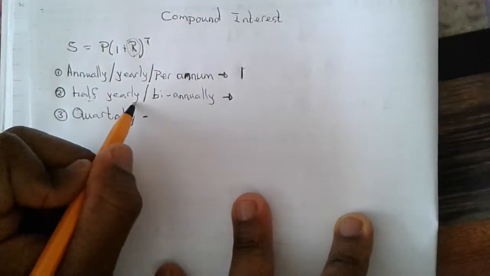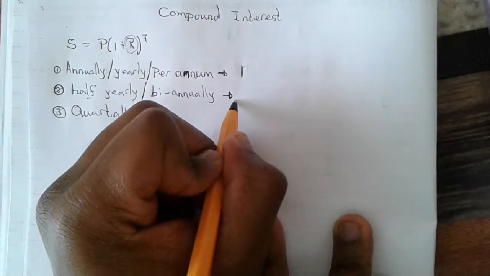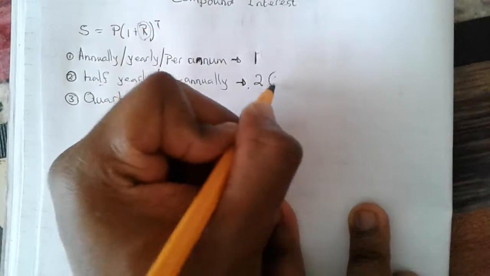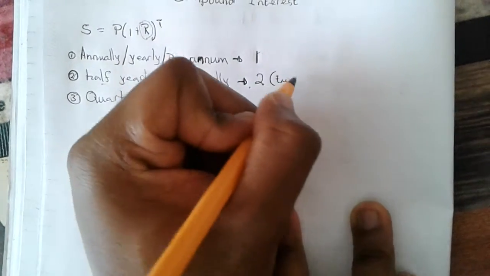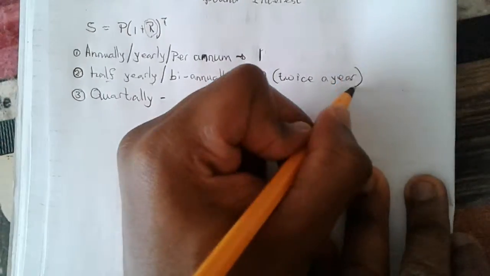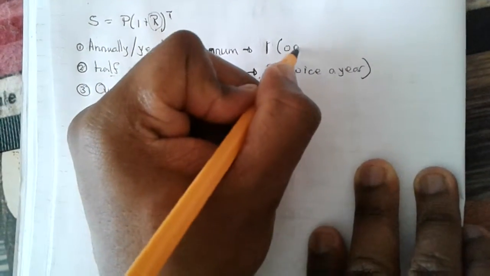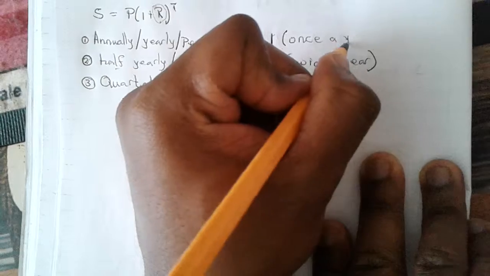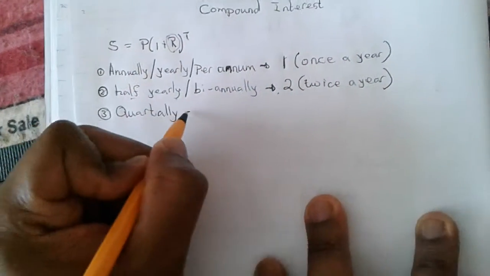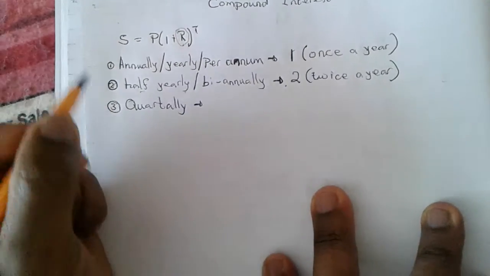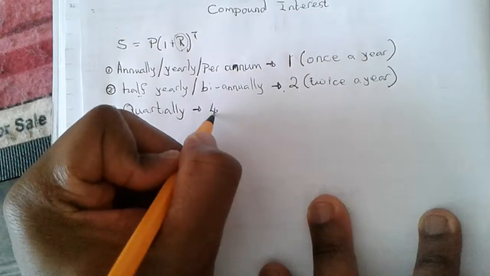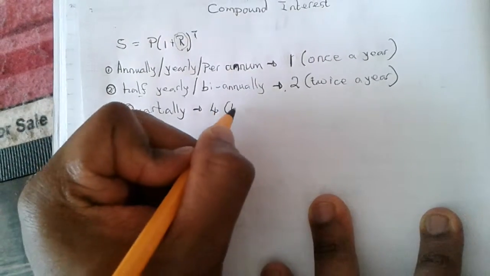Now if it's half yearly, it's done every 6 months, so it's done twice a year. And then quarterly is every 3 months, so it's 4 times a year.